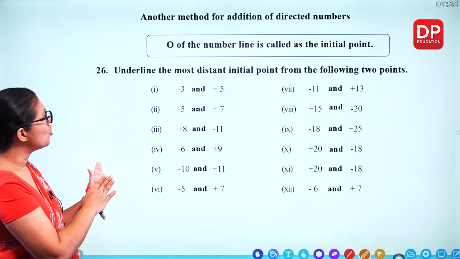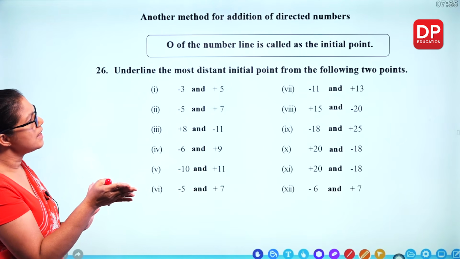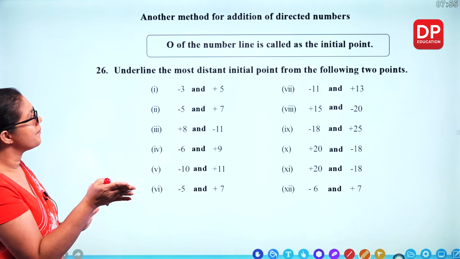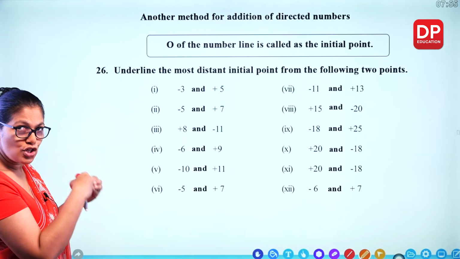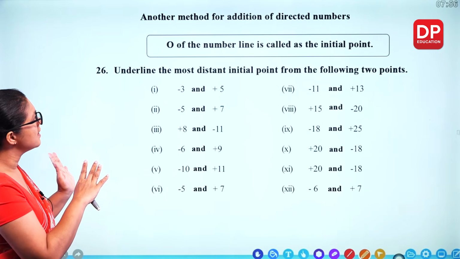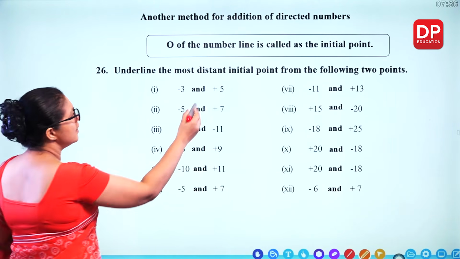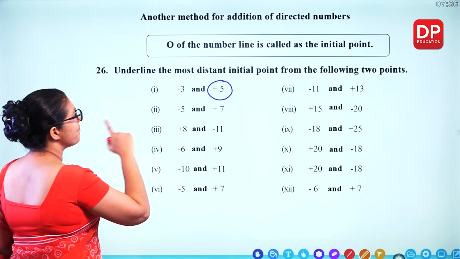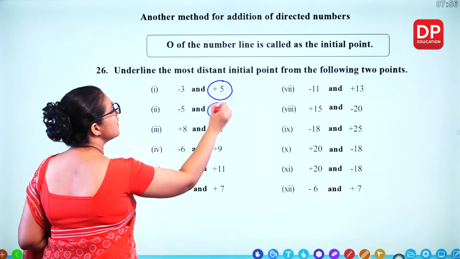Now we are checking the most distant point from the initial point among the following two points. So always look at the initial point and see which one is the most distant. Is it minus 3 or plus 5? That's plus 5. Minus 5 or plus 7? Plus 7.